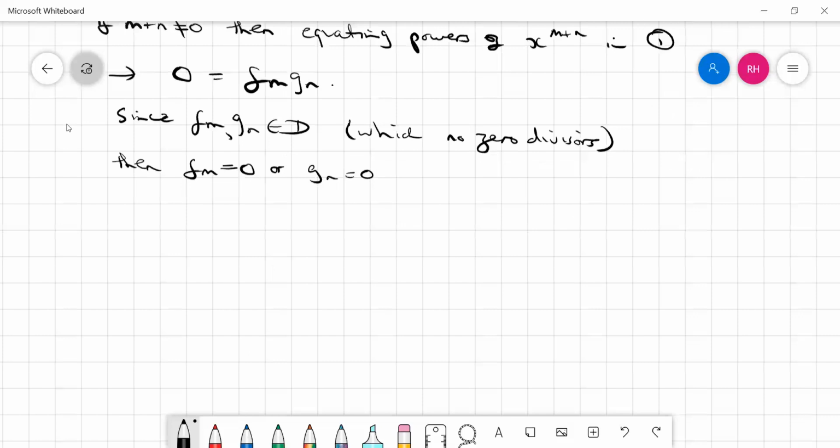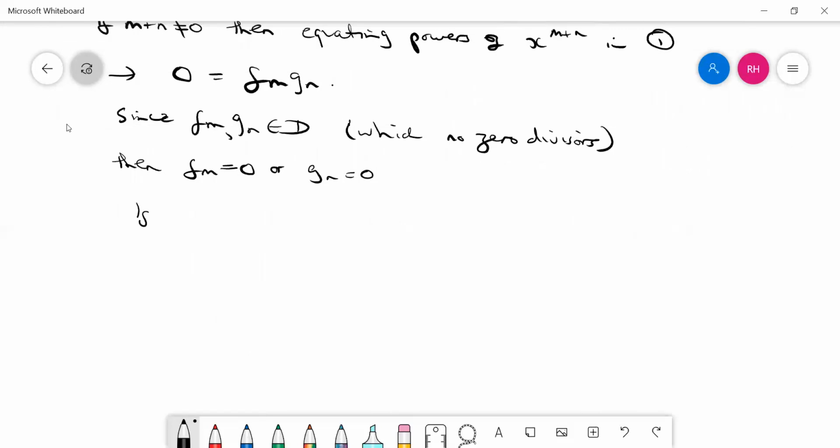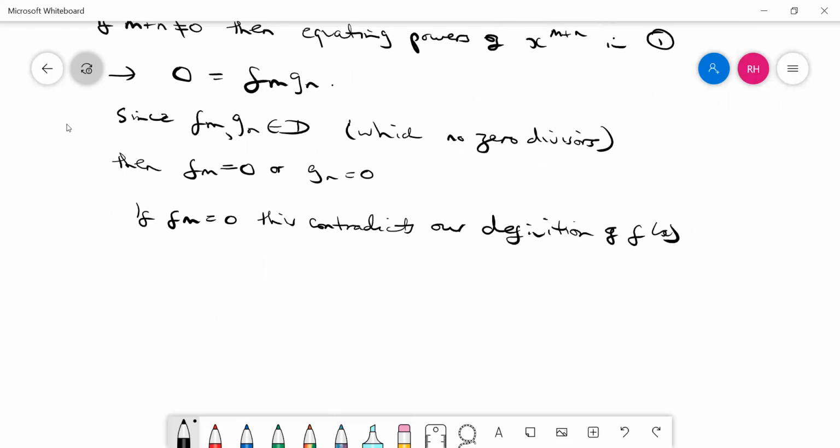And we can't have that, because if fm is equal to 0, this contradicts our definition of f(x). If you go back to f(x), we said that fm cannot equal 0. Now we're saying it is equal to 0.